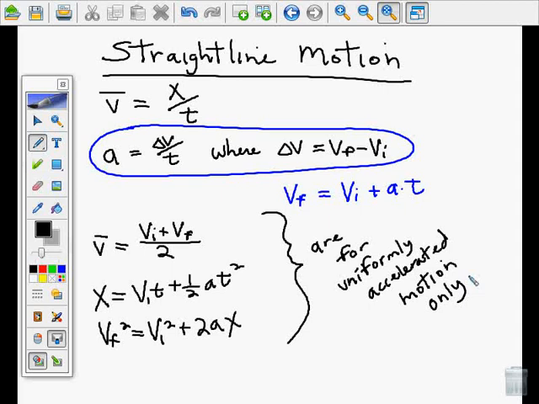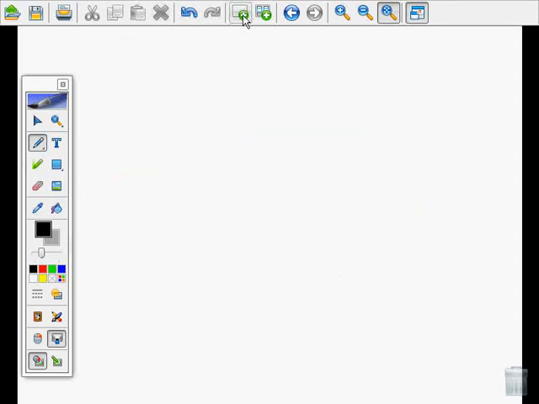Once you have this down, the other thing besides using these formulas you want to be able to do is graph the motion. And there's basically 9 key graphs that you just want to know like the back of your hand. 3 for standing still, 3 for uniform motion, and 3 for uniformly accelerated motion. So if the object is standing still, there's going to be 3 motion graphs.